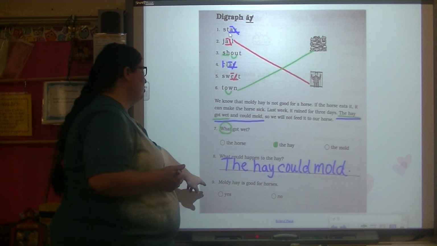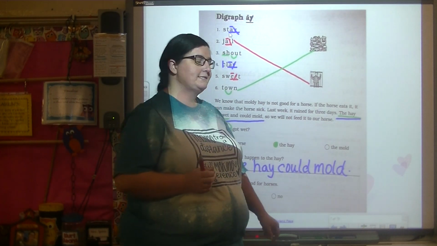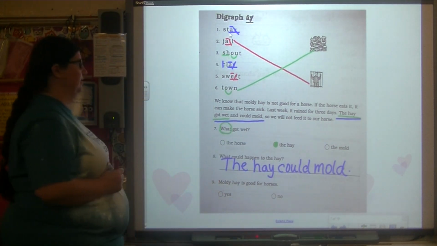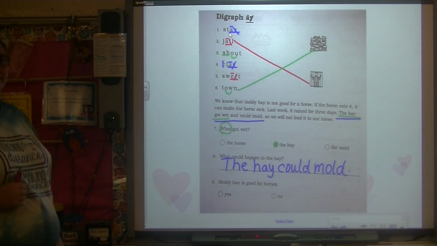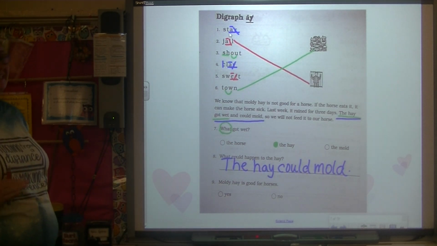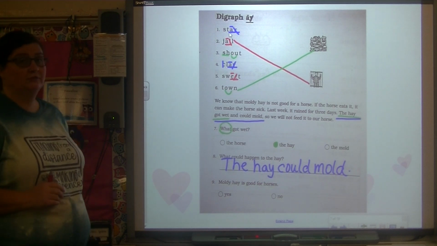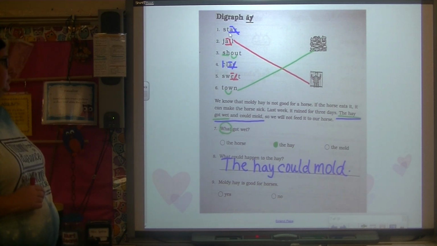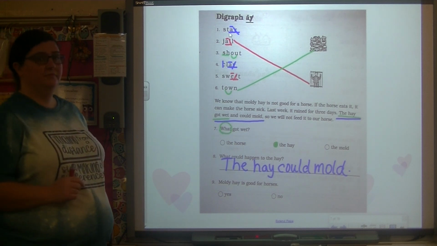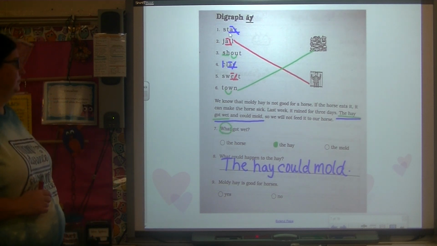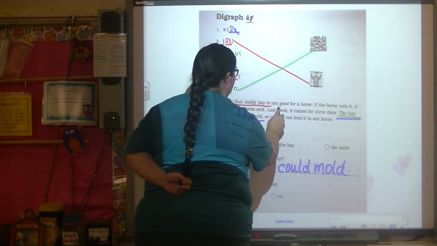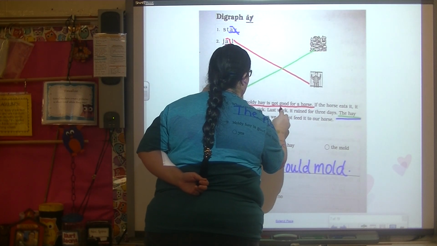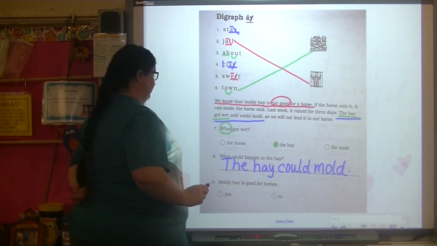Number 9, moldy hay is good for horses. Yes or no? Underline the sentence that gives you your answer. And it says, we know that moldy hay is not good.